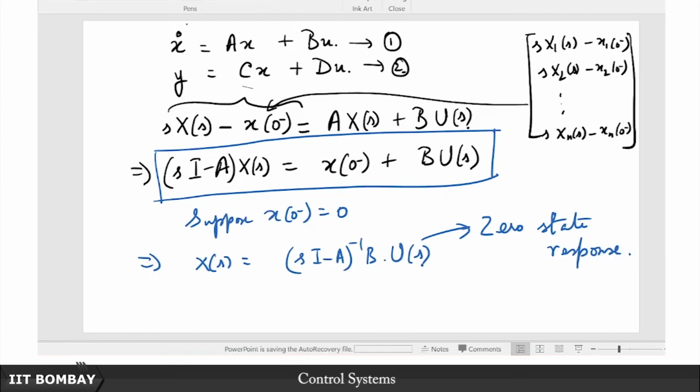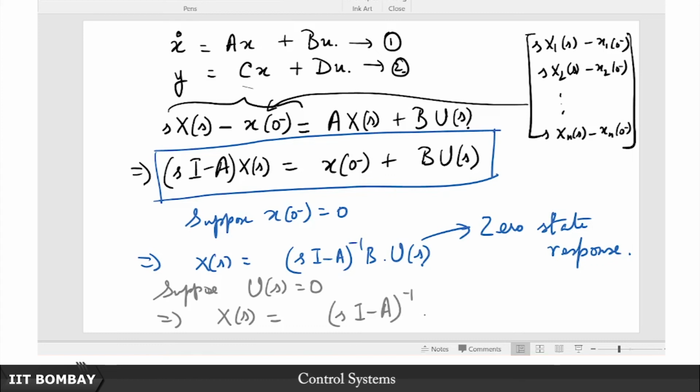On the other hand, suppose U(s) is equal to 0, so you are not applying any input. This implies that X(s) is going to be nothing but (sI minus A) inverse times x0 minus. This is what we have been terming the zero input response. So now you see that those two are clearly and transparently partitioned out from the total solution.